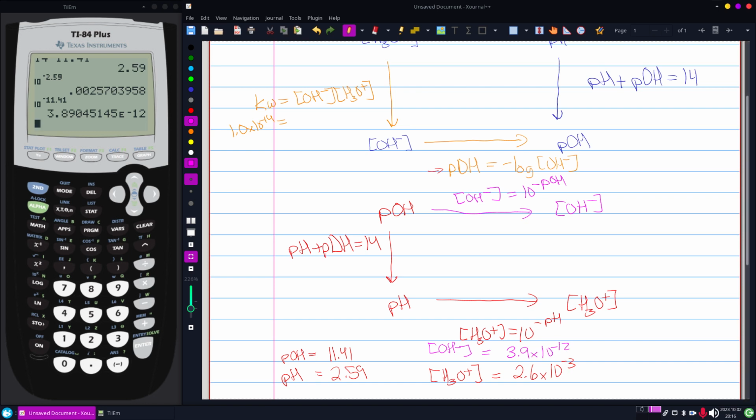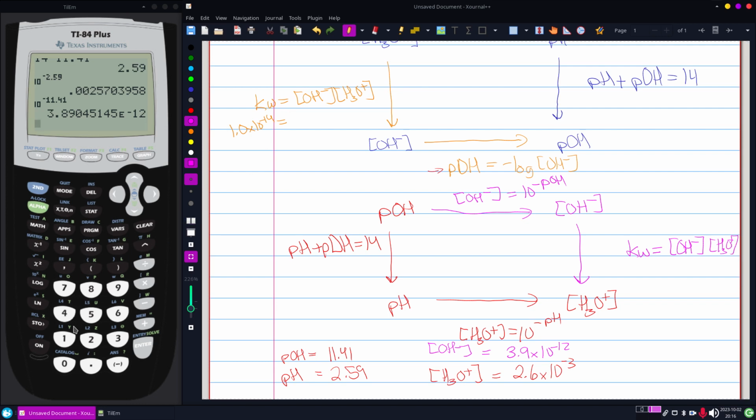And the last conversion to complete this full thing, going from OH to H3O, we're going to use that equation Kw equals the OH times the H3O, which is the same thing we used up here.